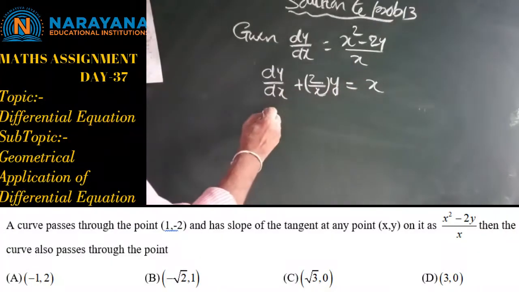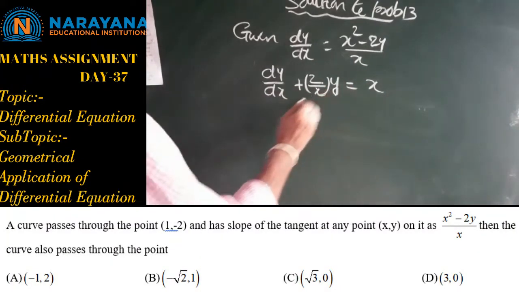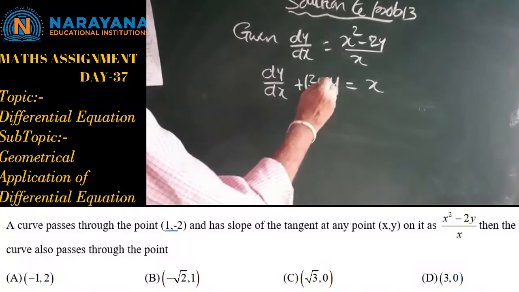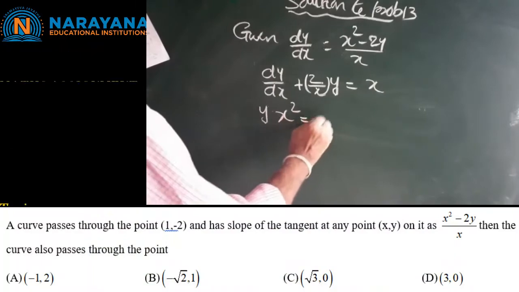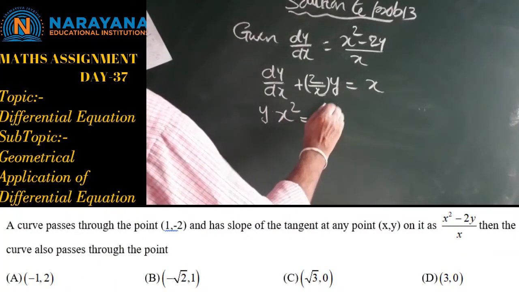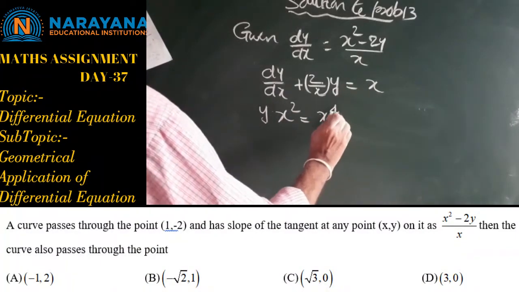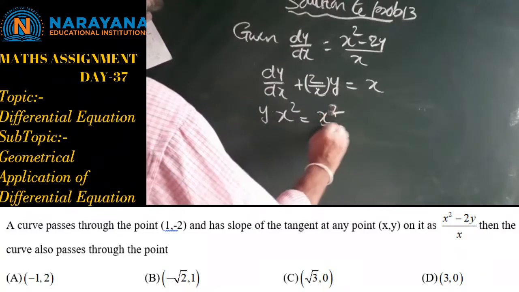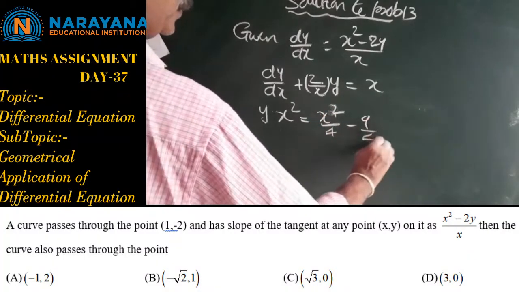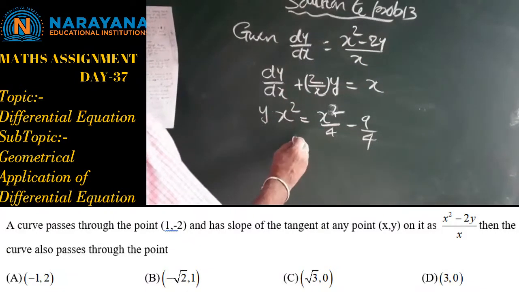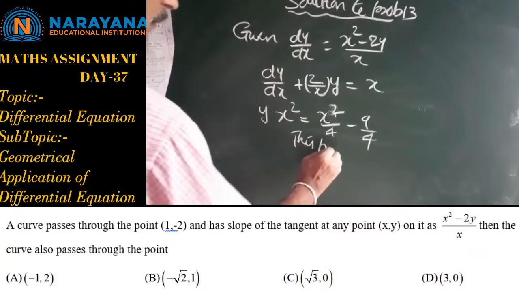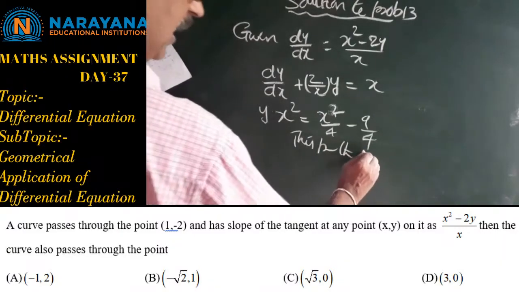This is a linear differential equation. So integrating factor is given by x square. Y into x square is equal to, after doing the integration and substituting, x square by 4 minus 9 by 4. After doing integration and substituting the given point, we can get this. This passes through root 3 comma 0.